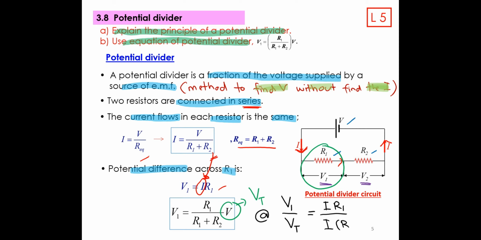R total is R1 plus R2, and it is in series. Once again, I repeat, this is in series. Once your resistors are connected in series, you can cancel out your current, so you can have this type of equation. Clear?